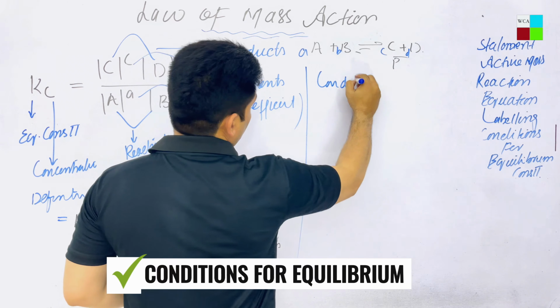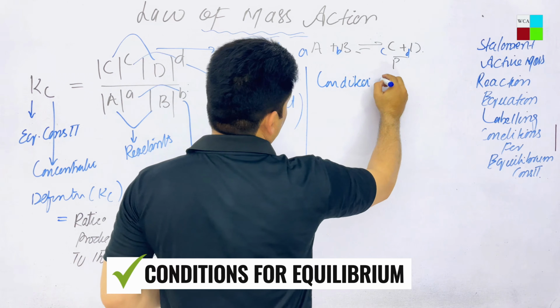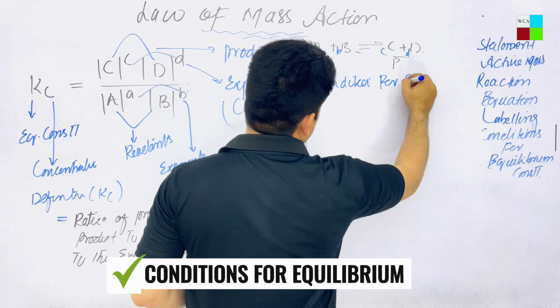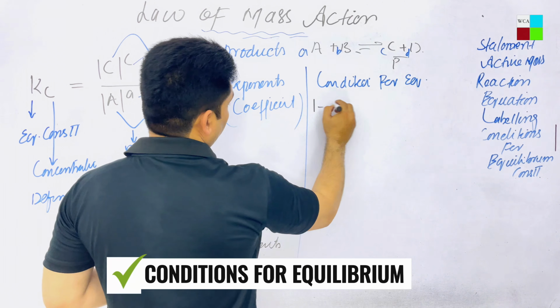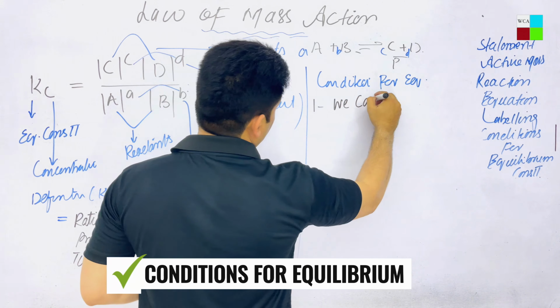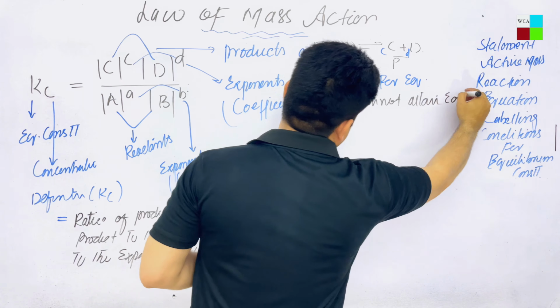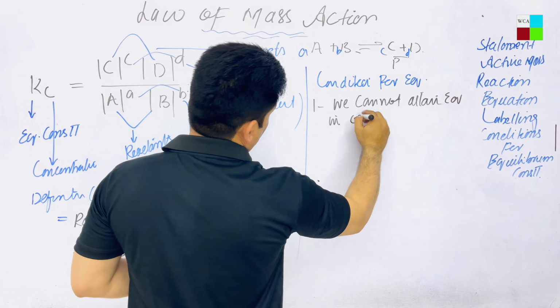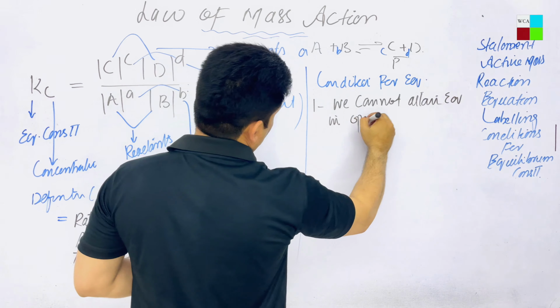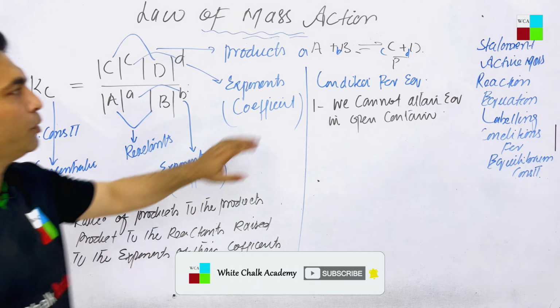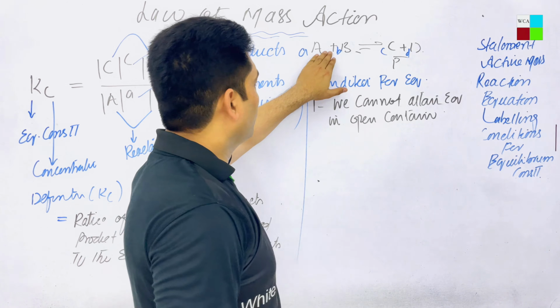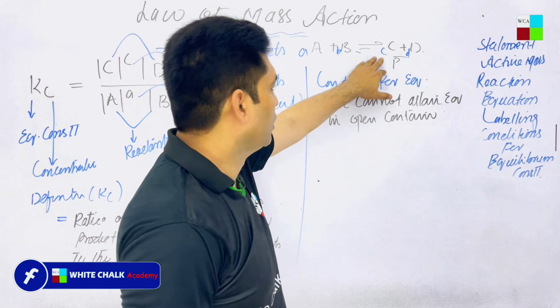So we should write a proper heading, condition for equilibrium. Under which condition can we get the equilibrium? So the first one should be, we cannot attain equilibrium in an open container, because for the equilibrium we should have the reactants and products both.